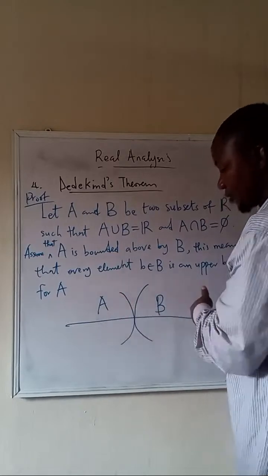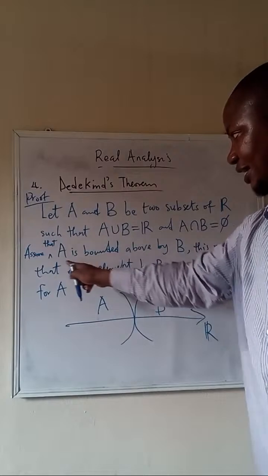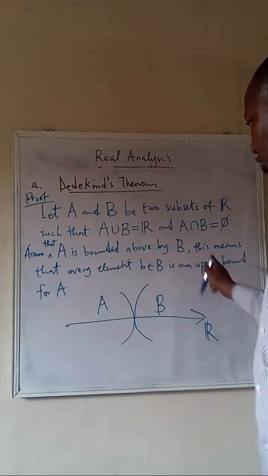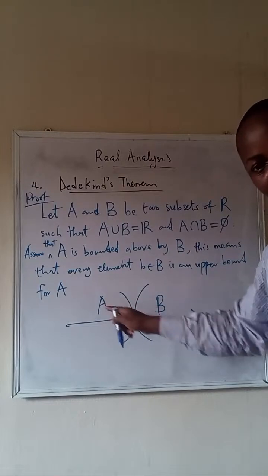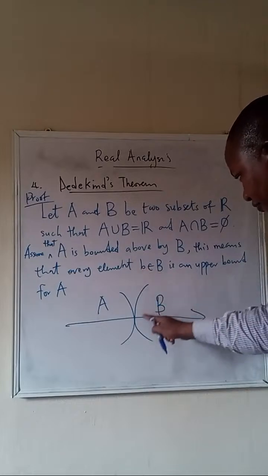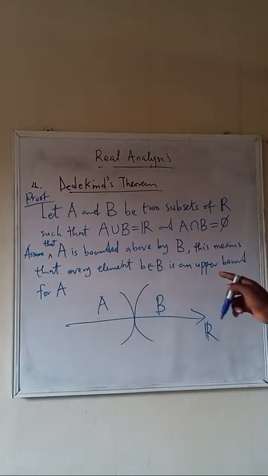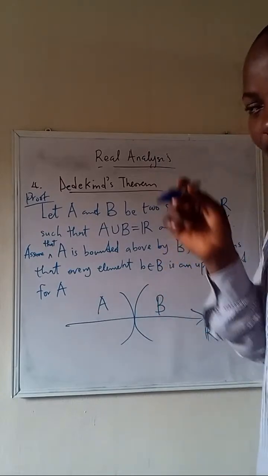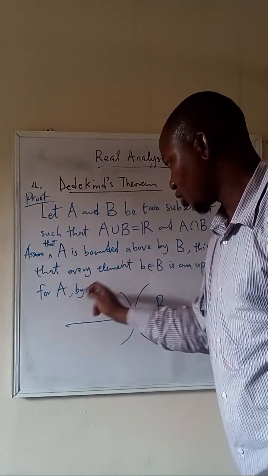So since we have assumed that A is bounded above by B, it means every element in this set B is an upper bound for this set. If I pick an element here, it is an upper bound for this set. What we now follow is the completeness axiom. So I'll now say by completeness axiom.